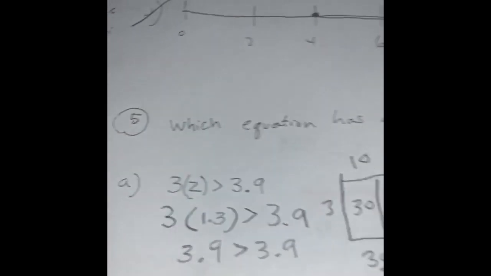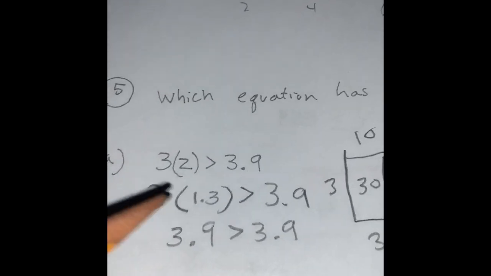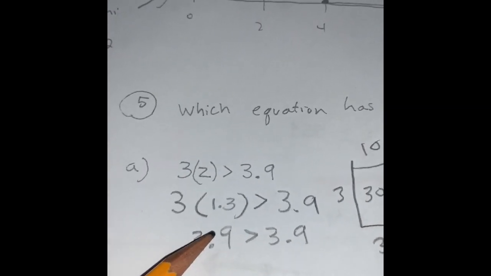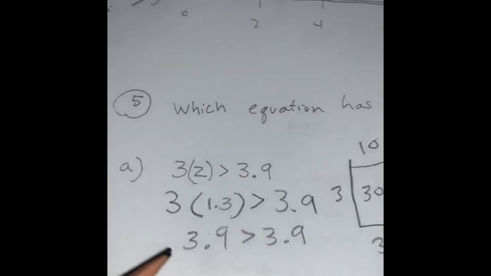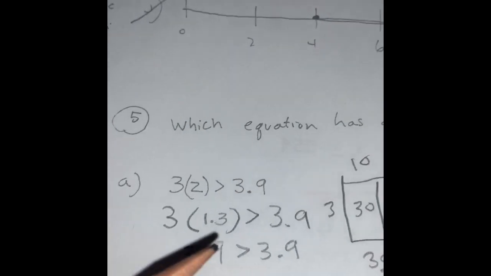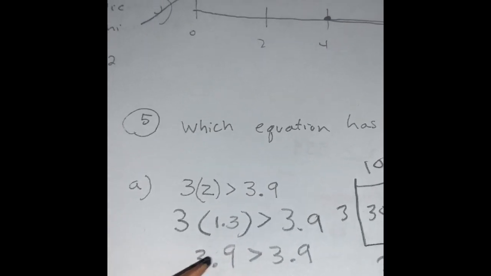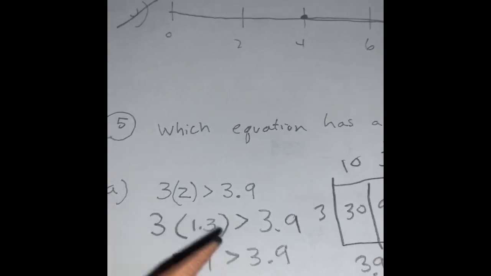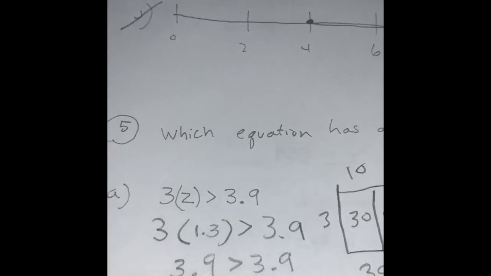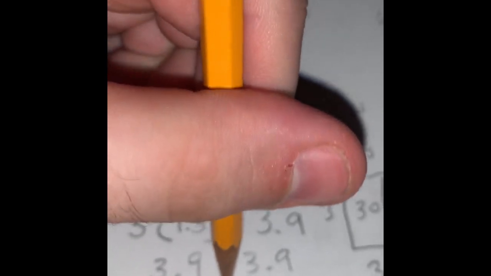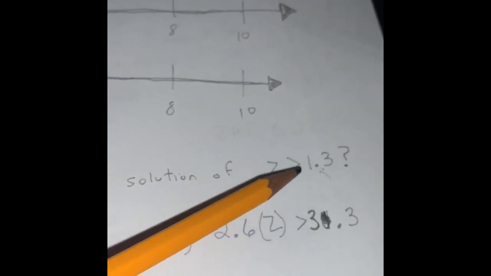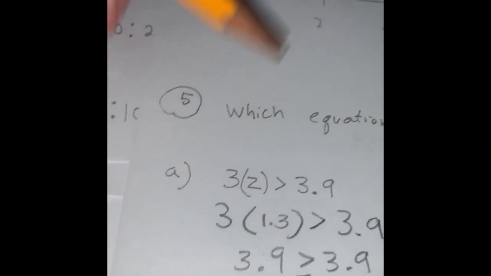On last year's STAR, there was a question very similar to this, and this exact answer, where the number was greater than the number, was the one selected. But you have to know that 3.9 is not greater than 3.9. 3.9 is actually equal to 3.9, but we're looking for the one that makes z greater. So this is not the right answer.